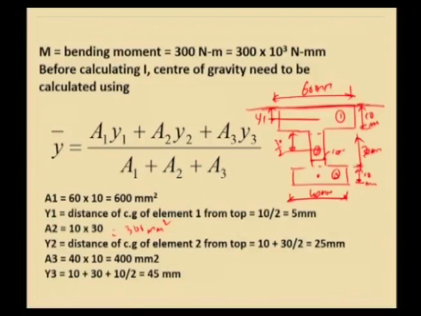So, 10 plus 30, and the CG of element 3 will be at a distance of 10 by 2. So, 10 plus 30 plus 10 by 2 will be equal to 45 mm from the top. This is the y3 value. So, we mark y3 here, y2 is this and y3 is this. So, y1, y2, y3 values are marked.